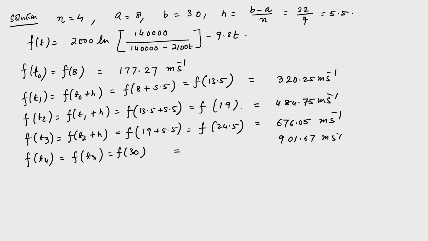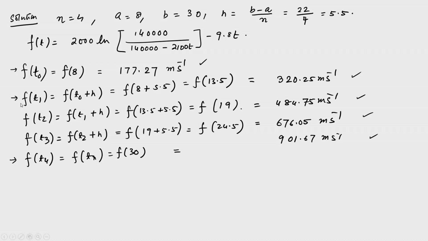Okay. So, we have all these things. We have one here, one here, one here, one here, one here. See that the first one and the last one will have to be left alone because in our formula they appear with weight 1. Now, the odd ones will appear with weight 4.